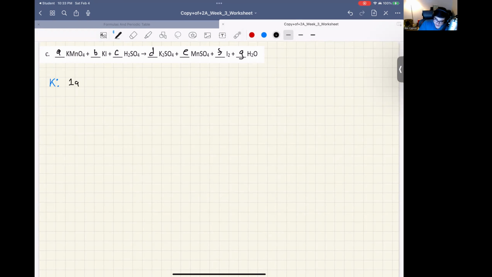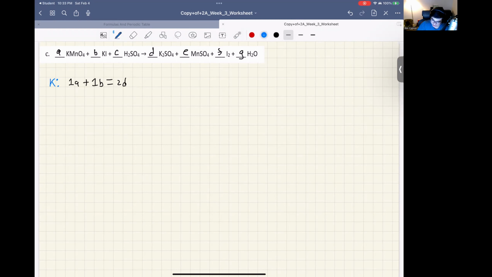So 1A plus 1B, plus 2D. There are 2 potassiums here, times D. D is some integer. And this has to be equal to, oh, I did not see the arrow. Sorry, 1A plus 1B has to be equal to 2D.